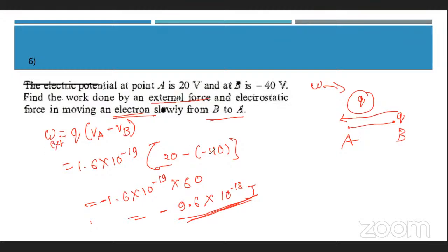If I have to find out the work done by electrostatic force, it will be just the negative of this, whatever we get as work by external force, because both will be acting in opposite directions to each other. So this will become positive, 9.6 into 10 raised to minus 18 joule.